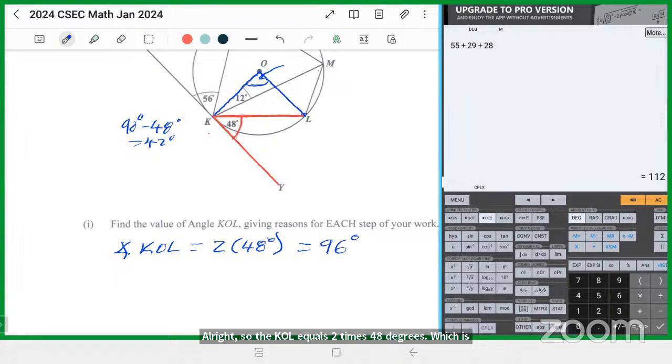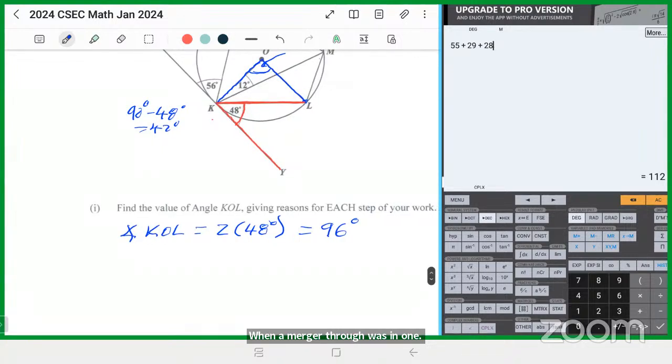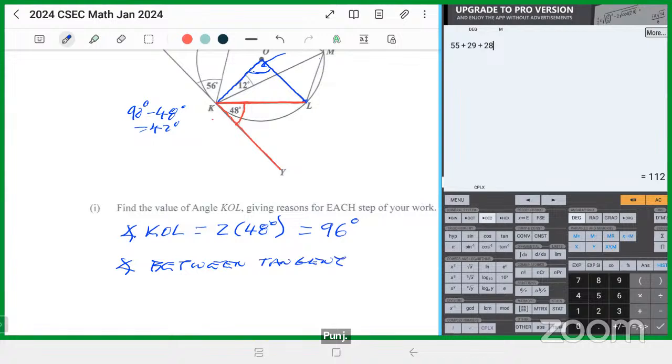And I'm going to give a merged rule. I'm going to merge the two rules in one and say, what is the reason? Angle between tangent and chord. That's right here.